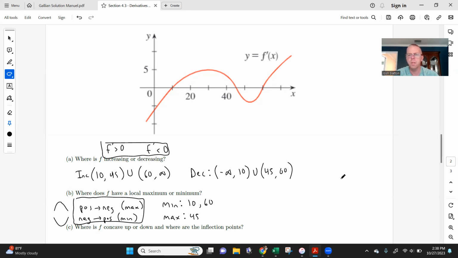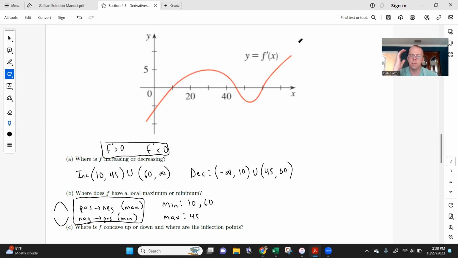So another thing you'll have to do is, looking at the graph of the derivative, sketch a graph of the function. Obviously you can't do it exactly, but you can at least say we are decreasing along this until we get here, and then we're increasing until we get to there, and then we're decreasing to there, and then we're increasing.